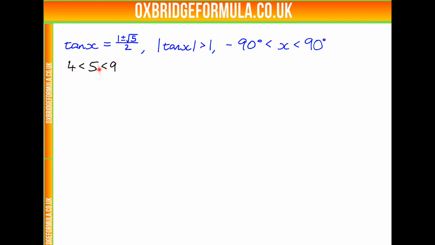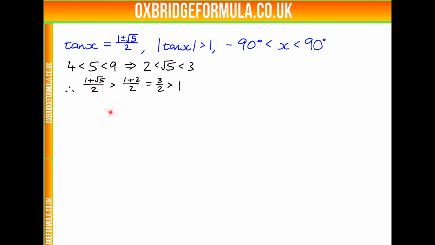So if we square root everything here, that tells us that the square root of 5 is between 2 and 3. So now, using these two inequalities, we can establish a lower bound for 1 plus square root 5 over 2, because that's going to be greater than 1 plus 2 over 2, which is equal to 3 over 2, which is 1.5, so that's strictly greater than 1. So that tells us that the absolute value of this is strictly greater than 1, so that's okay.